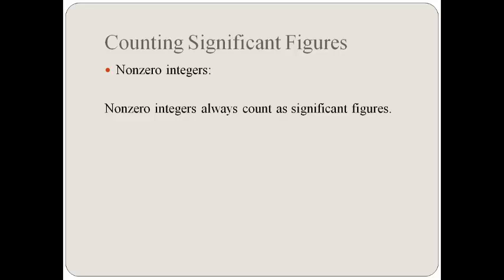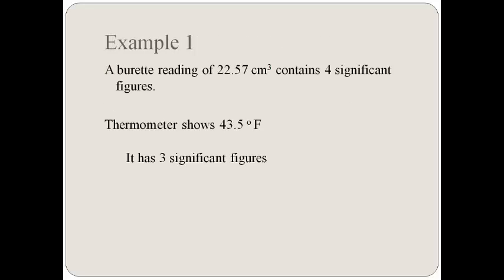So how to count the significant figures? We can divide it into two types, non-zeros and zeros. For non-zeros, they are very simple. Non-zero integers always count as significant figures. Let's have an example. A burette reading of 22.57 cubic centimeter contains 4 significant figures.